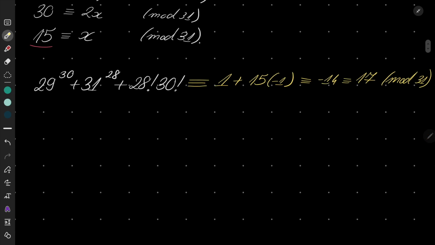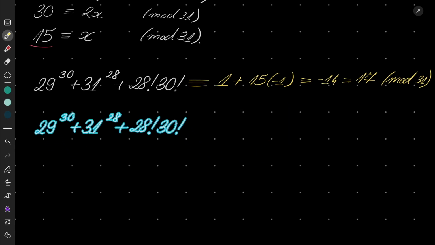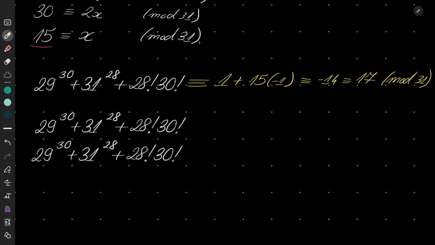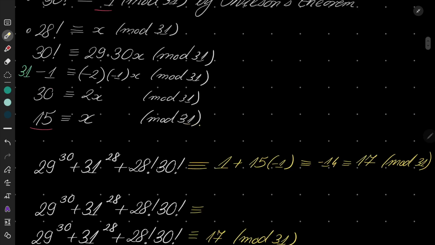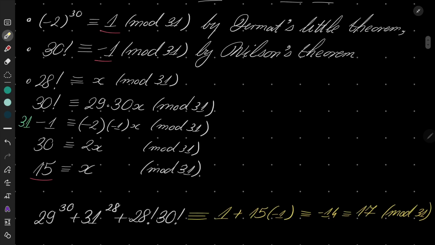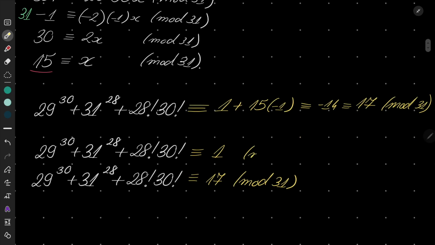Okay, so let's group these results together. We now know that our number is congruent to 17 modulo 31, and it was congruent to 1 modulo 29.